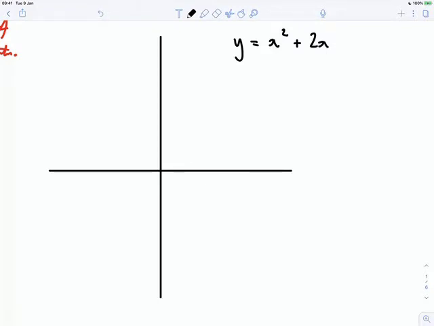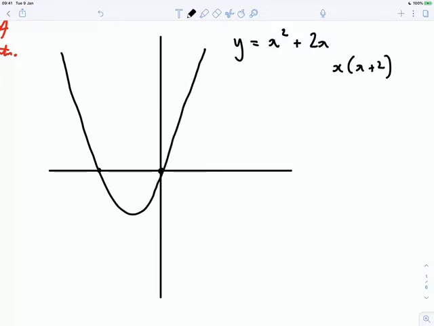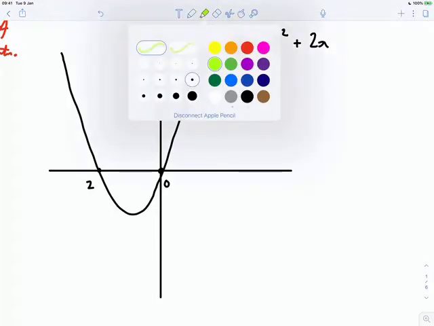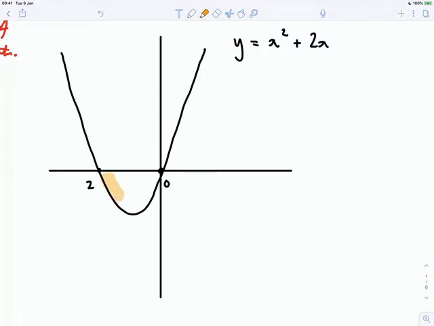So with a little bit of factorization, this becomes x times (x plus 2), which is going to cross the x-axis at 0, and at minus 2, it's going to look like this. Okay, so there it is at 2, there's 0. Right, okay, so question. Let's suppose we're interested to know what is the area of this little bubble down here.